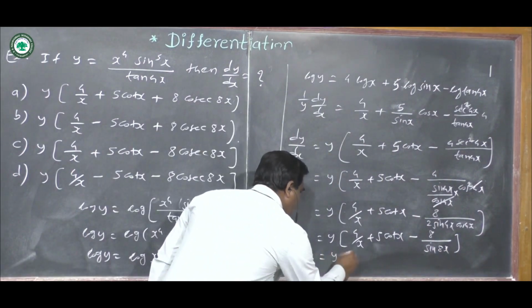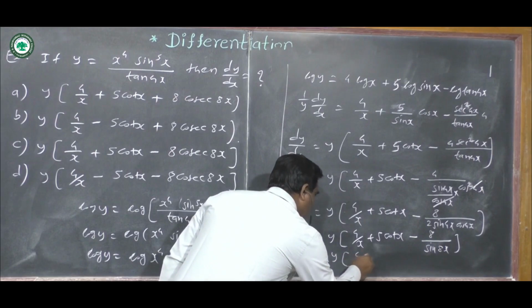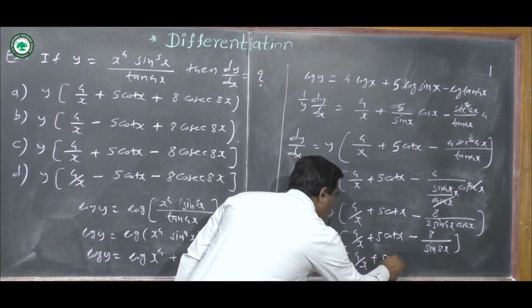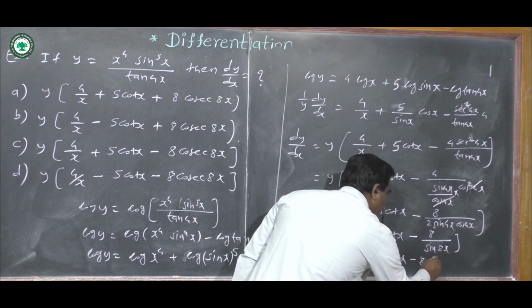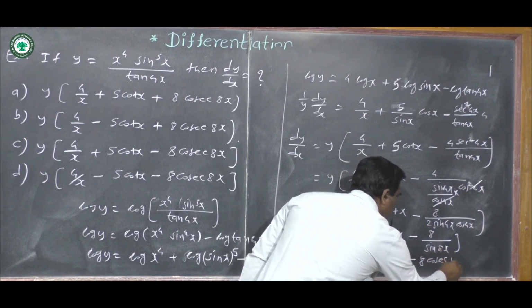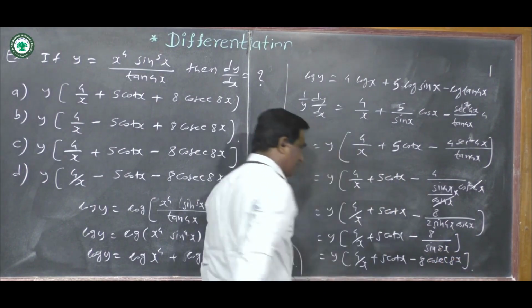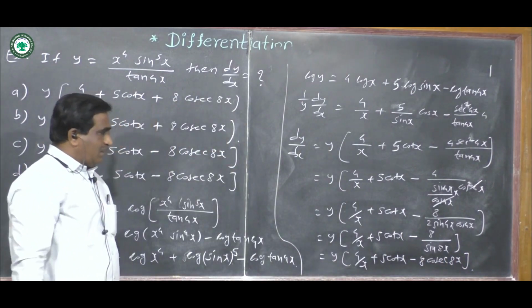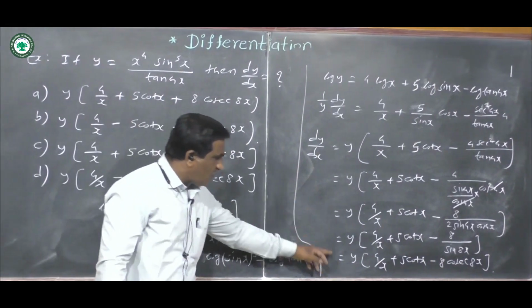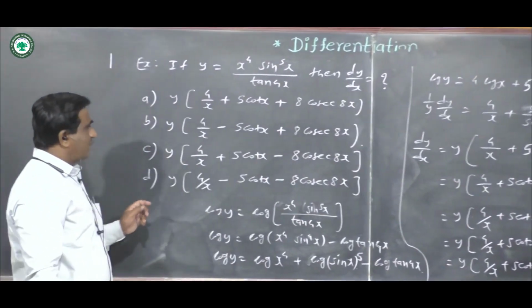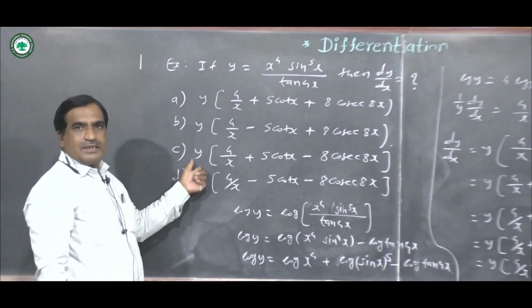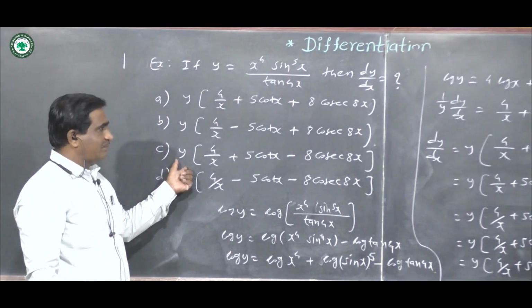Now finally we get y into in bracket 4 upon x plus 5 into cot x minus 8 into 1 upon sin, which means cosec of 8x. Okay, now this is the value for dy by dx and this value is in option number C. This is our correct answer.